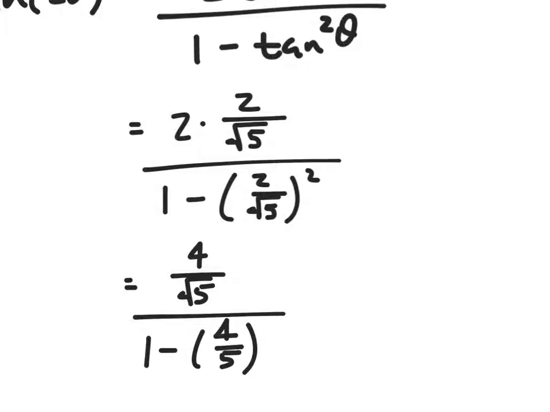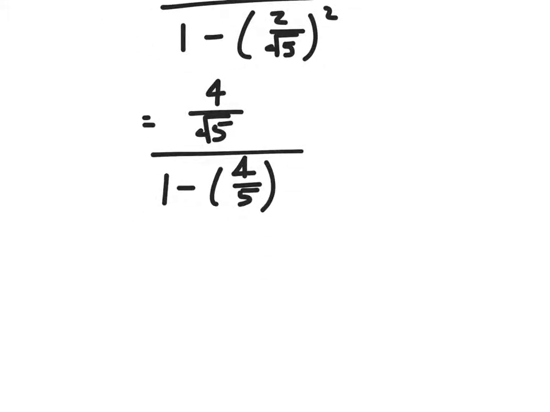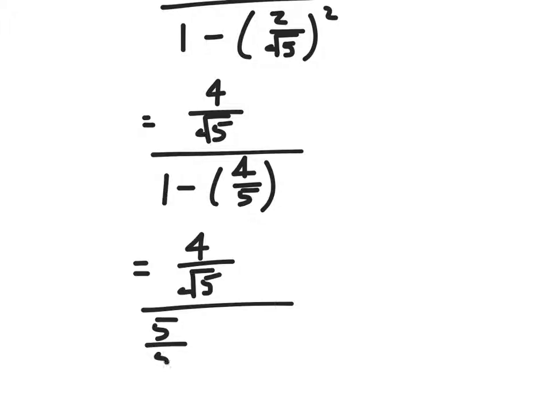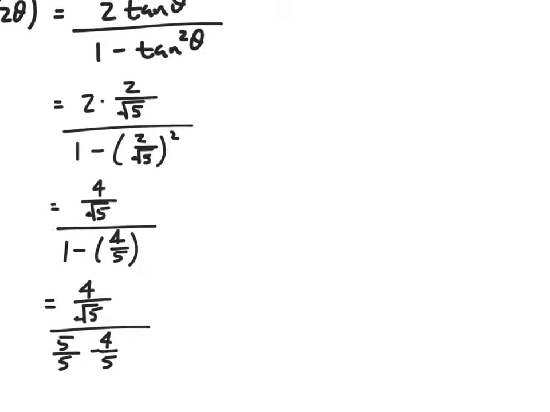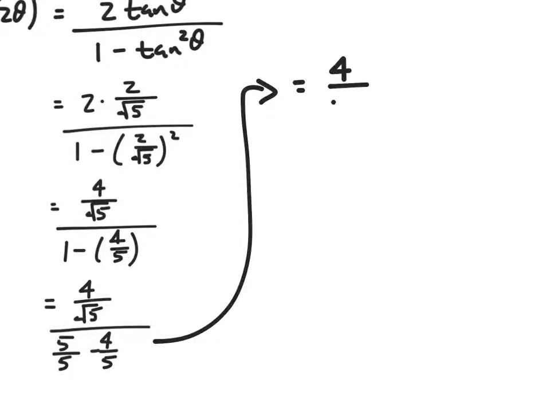All right, and let's simplify that down here. That's going to give me 4 over the square root of 5 divided by 5 over 5 minus 4 over 5. And that's going to give me 4 over the square root of 5 divided by 1/5.